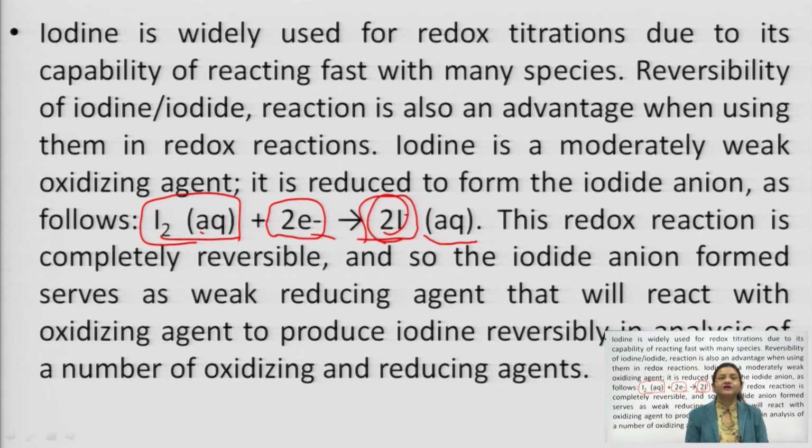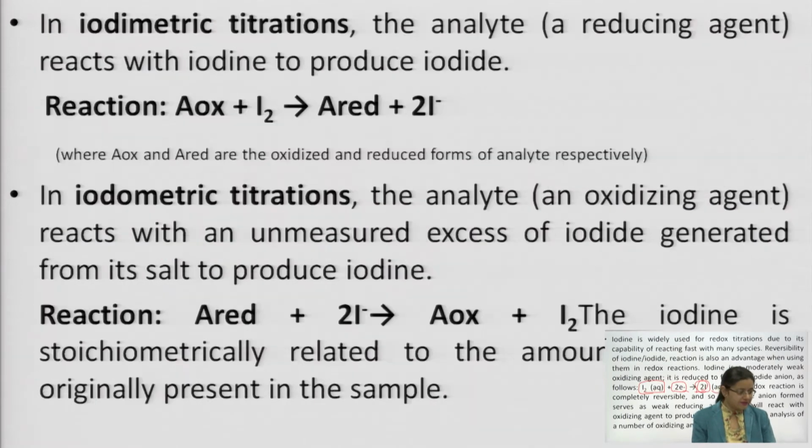That is the advantage or applicability of iodine and iodide salt. It can be used for several oxidizing and reducing agents, because at one time it behaves as an oxidizing agent, and at another time, if it is in iodide form, it behaves as a reducing agent.